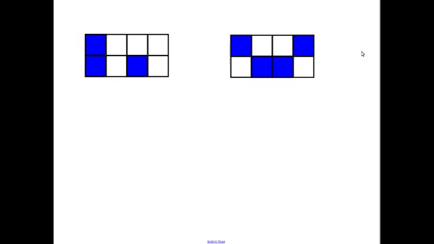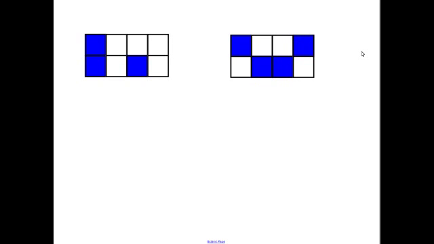I've got two rectangles that have been split into different parts, and some of those parts are blue. If I wanted to know what proportion or what fraction of the two rectangles are blue, I'd need to do some addition.